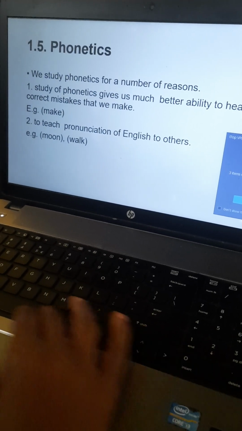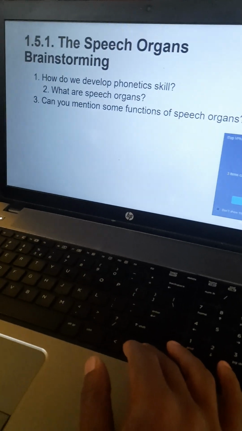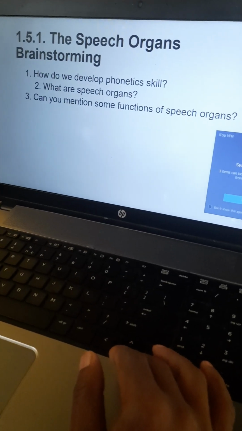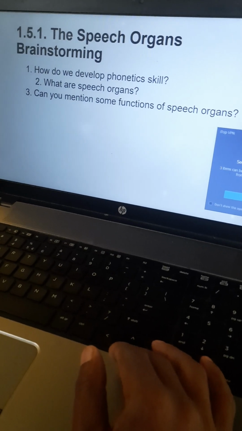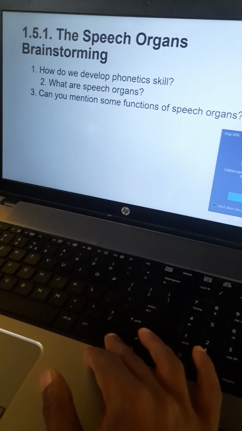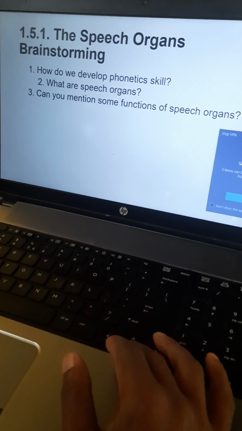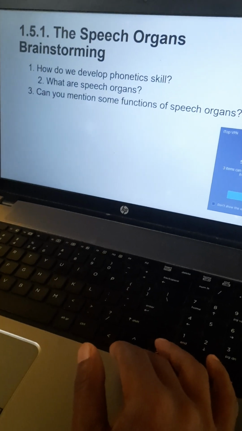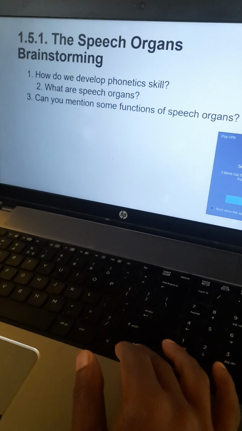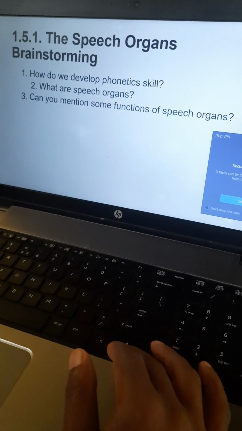So next time we will come with another subtopic, the speech organs. Look, the speech organs play a crucial role in creating sounds. Look at this question: how do we develop phonetic skill? What are the speech organs?